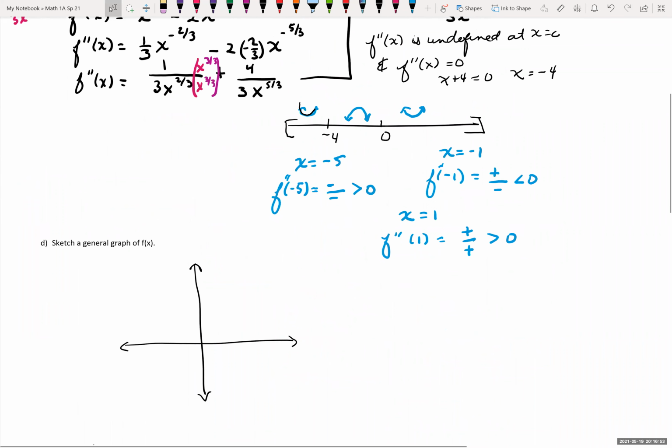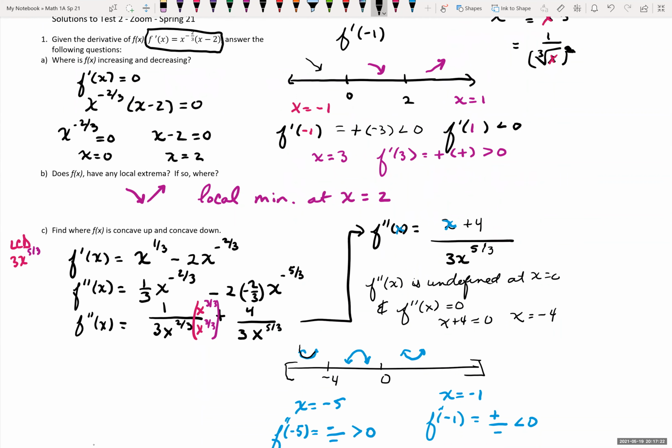So let's just do that. 1, 2, 3, 4. So we have a -4 here. We're concave up. But then at -4, we're going to be concave down, but still decreasing, until we hit x equals 0, and then we're concave up.